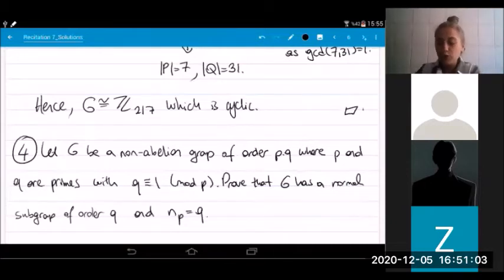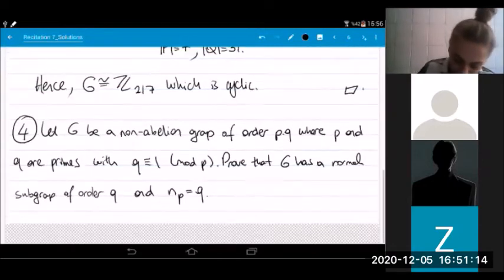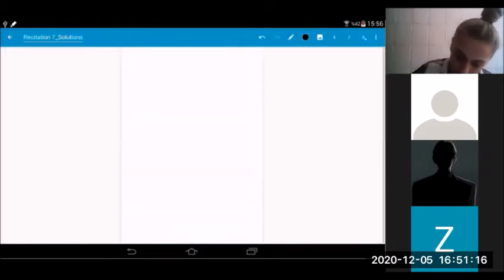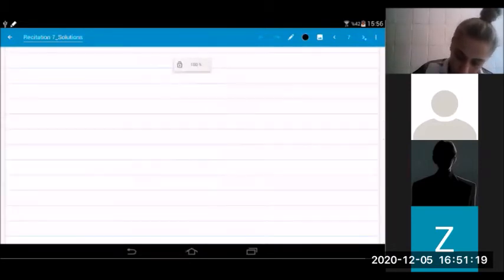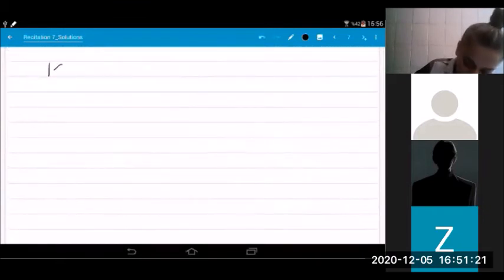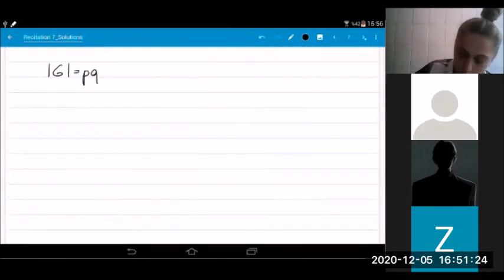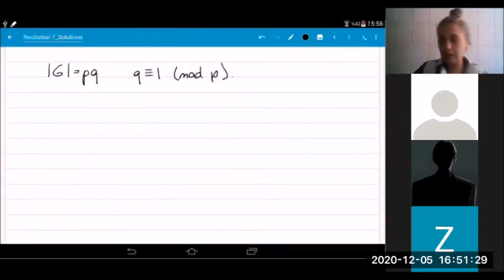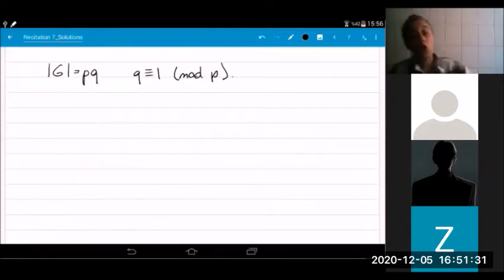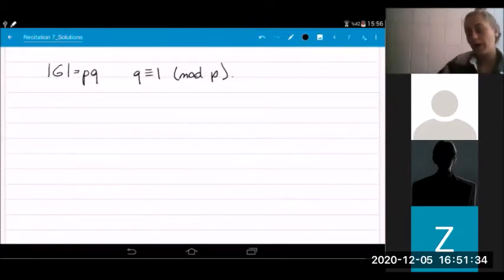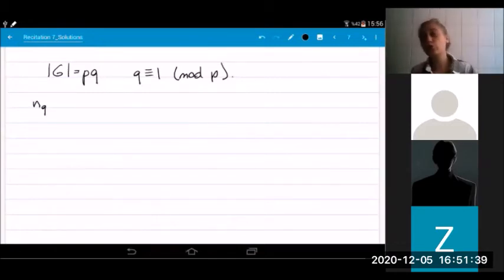The first part of the question asks whether the Sylow Q subgroup is normal or not. So let us consider the number. We know that G is of order P times Q, and Q is congruent to 1 modulo P. This also means that P and Q are different primes. What about the number of Sylow Q subgroups?